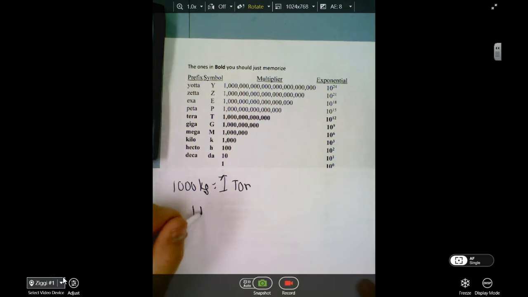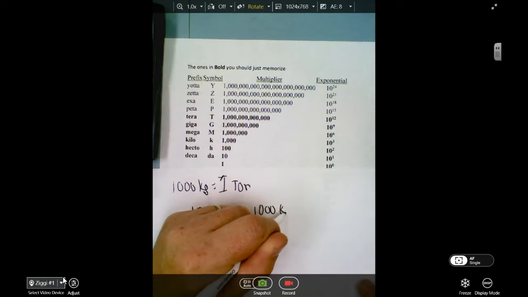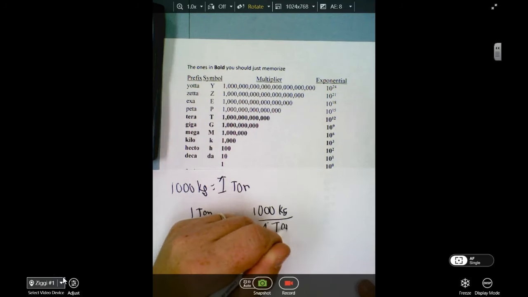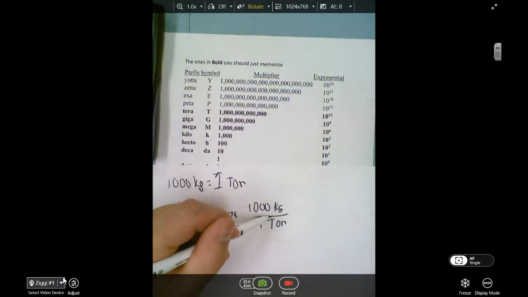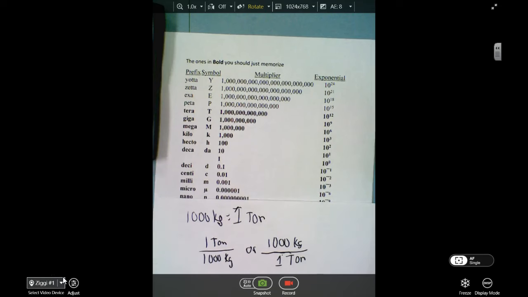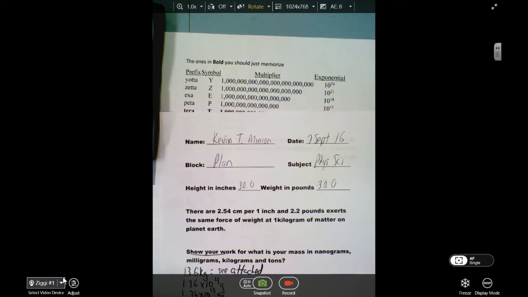So I can say 1 ton over 1,000 kg, or I can say 1,000 kg per ton. Saying the same thing 2 different ways, because I then need to look at what do I have for information. Looking at the information here, I could either convert tons into grams and come up with a conversion there, or I can notice that I already have a kilogram.